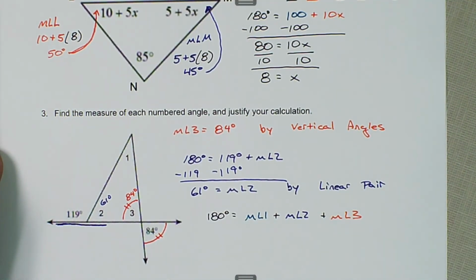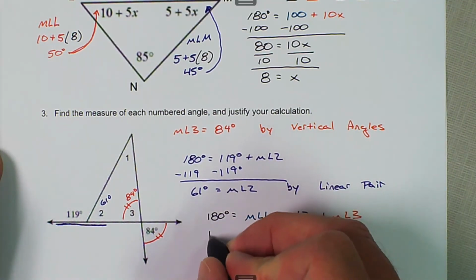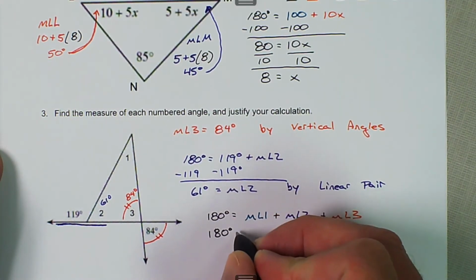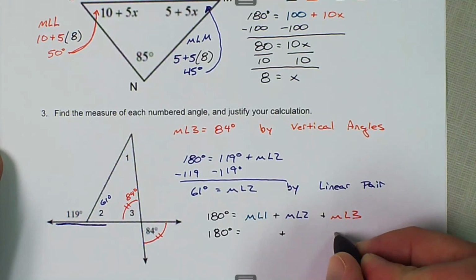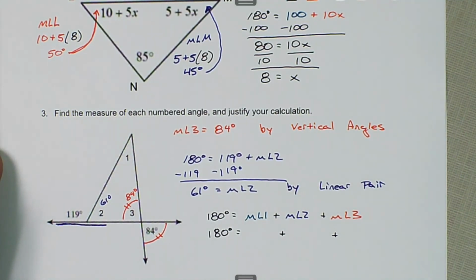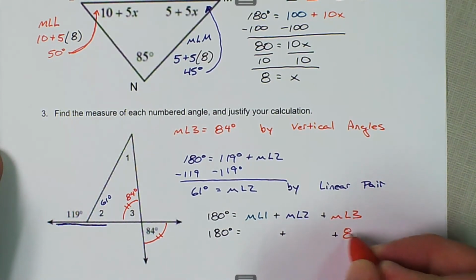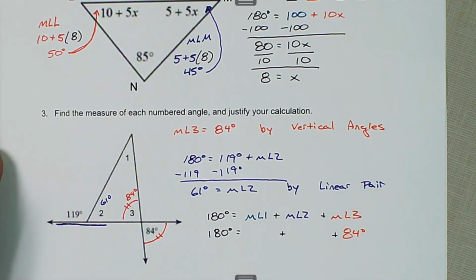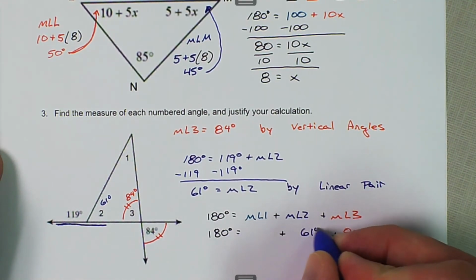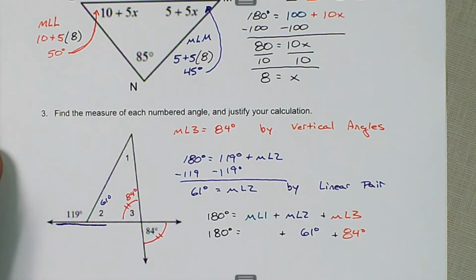And then we can substitute in those values. So we're still going to keep the 180, the equal signs. We're still going to have both plus signs. We're going to keep those. Those aren't going to change. And then we'll substitute in the values. Angle 3 is equal to 84 degrees. Measure of angle 2 is equal to 61 degrees. And we'll just leave the measure of angle 1.